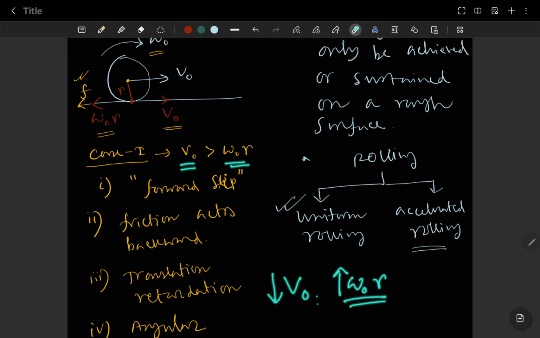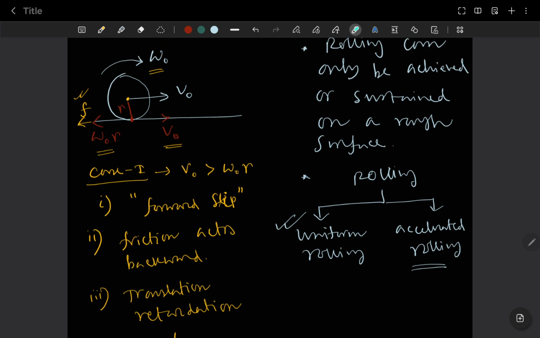So ultimately at some moment v0 will decrease to v and omega 0 r will increase to omega r, and they both will be equal at some later instant, right?